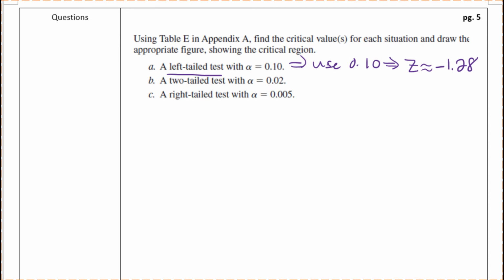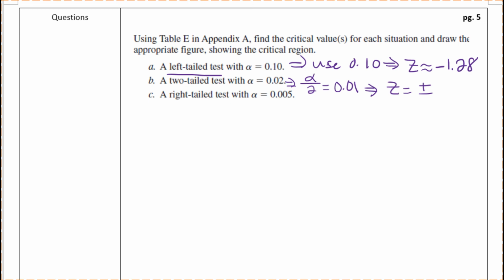And then the two-tailed test, for alpha equals 0.02, we're going to be doing alpha divided by 2, since we're doing a two-tailed test, and that's 0.01. Okay, we're going to have two critical values here, and I know that they're going to be plus or minus. So I don't even have to worry about the right side. I know that the right side is going to have the positive version of what I get on the left side. And this is the trick to do this quickly. Just do the alpha divided by 2.